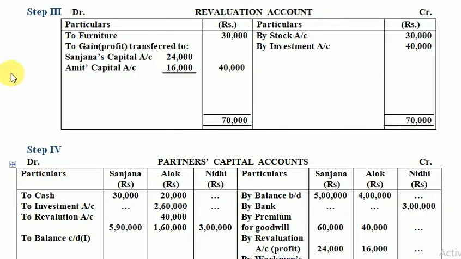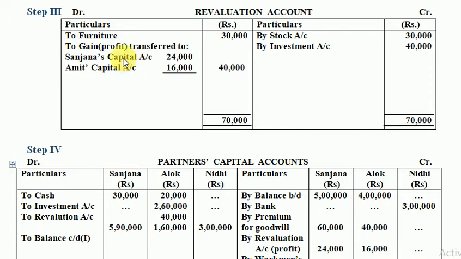So after treatment for goodwill, here is our step 3 where the revaluation account is drawn on the basis of additional information provided to us. So here is decrease in furniture by 30,000, increase in stock by rupees 30,000, and this investment which was taken over by Alok has a profit for the partnership firm which is 40,000.